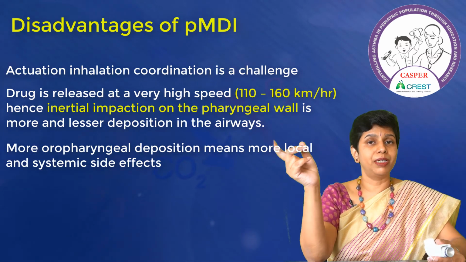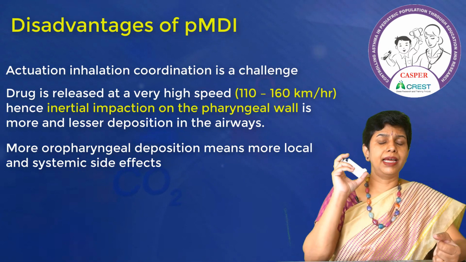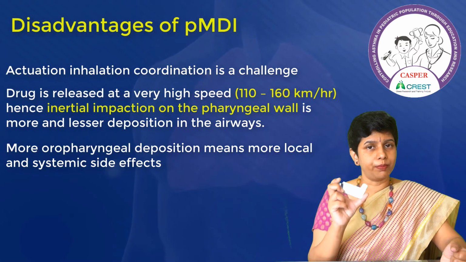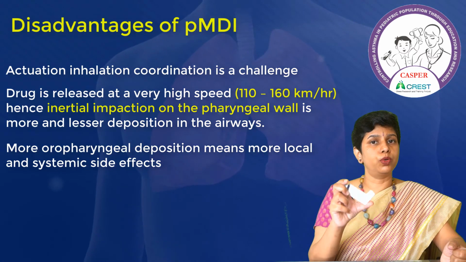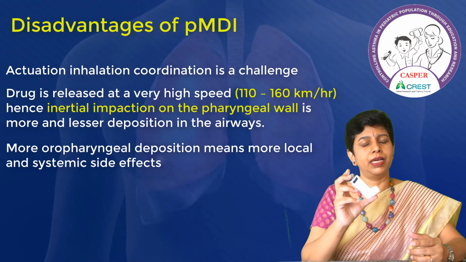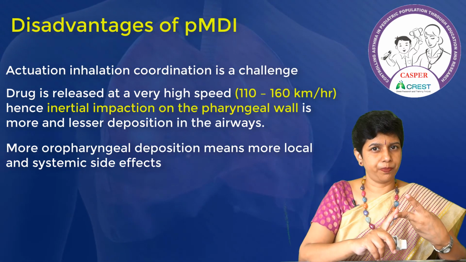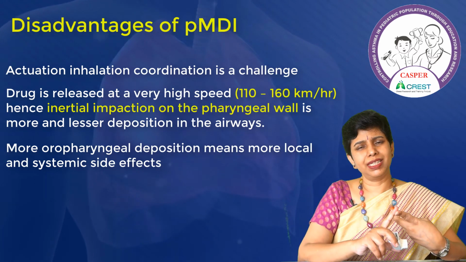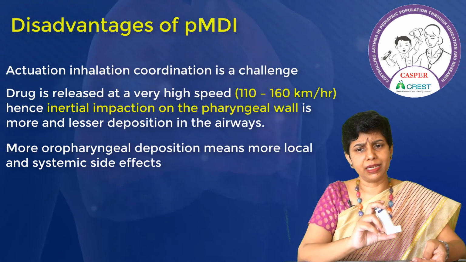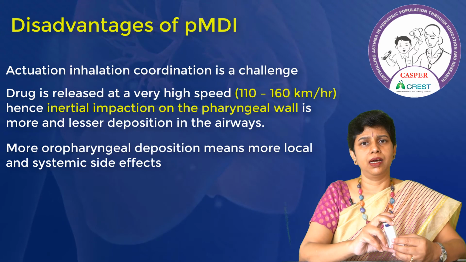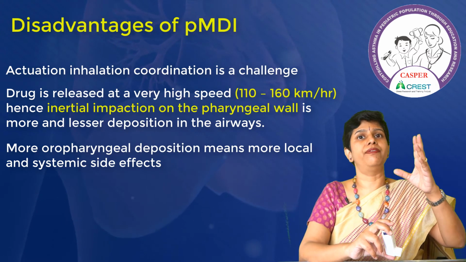So if you remember, in my first video I said that there are no systemic complications if the drug is taken in the right dosage and with the right technique. More often than not, the side effects associated with inhaled medications are because the dosages given are very high.